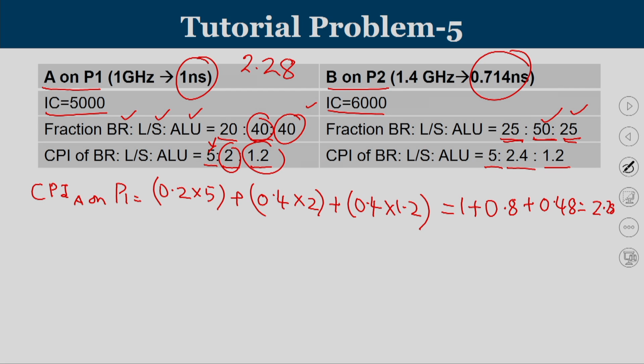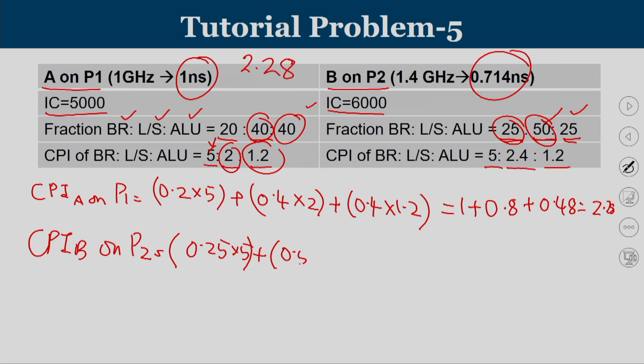Now, let us try to work on the CPI of program B on P2. So, there the fraction is 25% of them are branch instructions, plus 50% of them are load store instruction, which will take a CPI of 2.4, plus remaining 25% of them are ALU instruction, which will take a CPI of 1.2.